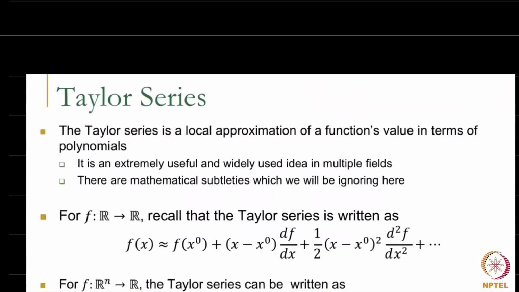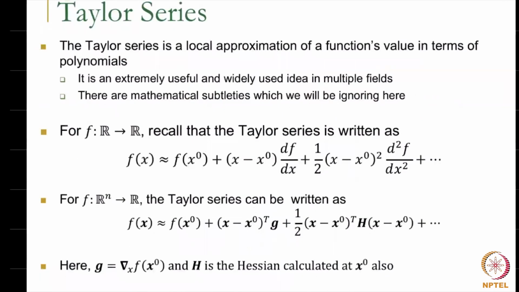Okay. So the important property we want to talk about right now is this local approximation property, which is called the Taylor series. Again, something that I'm hoping all of you are familiar with from your heat transfer classes, earlier calculus classes. The idea is very simple.